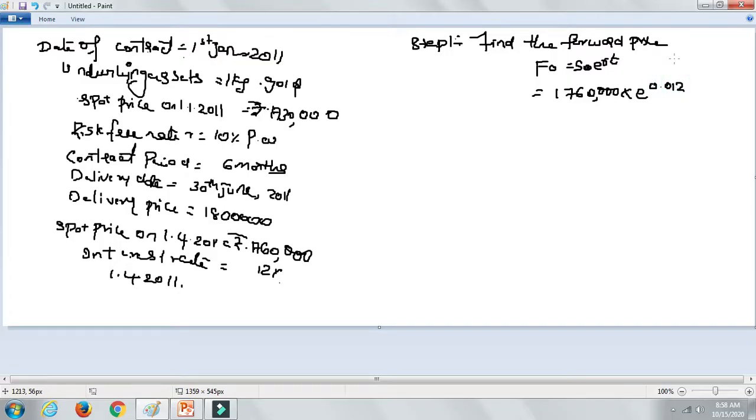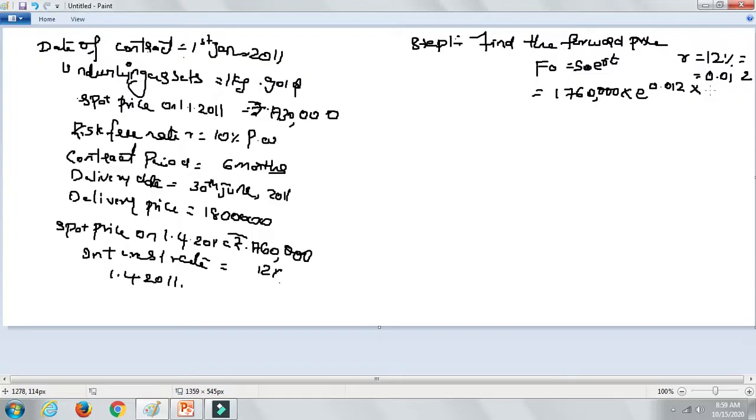So 0.12. r is nothing but what he has given as the rate on that day, 12%, so it will come to 0.12. Into now T. T is in months. How many months will it be? From 1st January to 1st April means 3 months, isn't it?